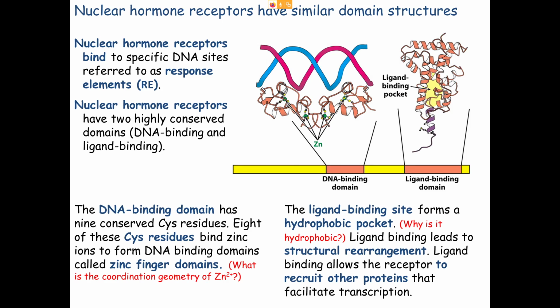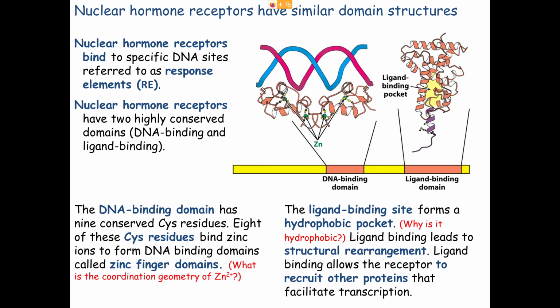So if it's estradiol or testosterone or progesterone, not only is it hydrophobic, but it has to be specifically shaped. Right. So this thing is definitely hydrophobic to eliminate any water-soluble things from getting in there, at least any big water-soluble things. And it has to match the shape of the ligand it's looking for. So they're very specific for certain things.